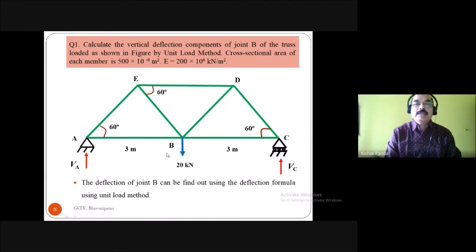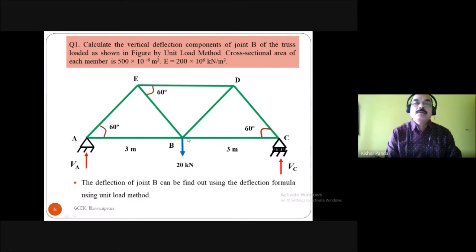So by considering this external force, first you have to find the forces in the members of the truss due to the given load system.